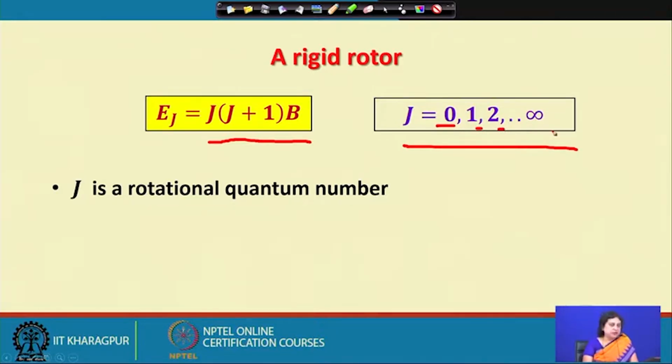So, what are the possible E j values that you can think of? You can think of an infinite number of possibilities.